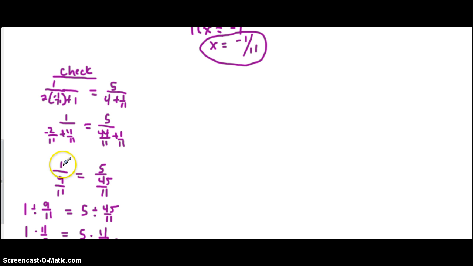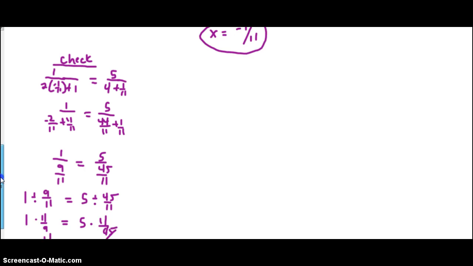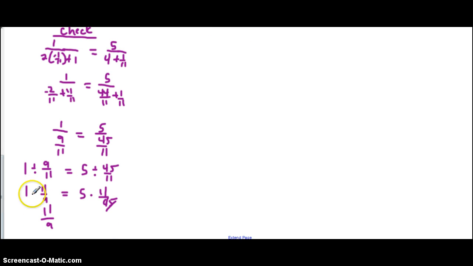This side simplifies to 1 over 9/11. Here we simplify to 5 divided by 45/11. Then we multiply by the reciprocal, and we see that they are equivalent. 11 ninths does equal 11 ninths, because there's a factor of 5 in 45, so it would be 11 over 9.